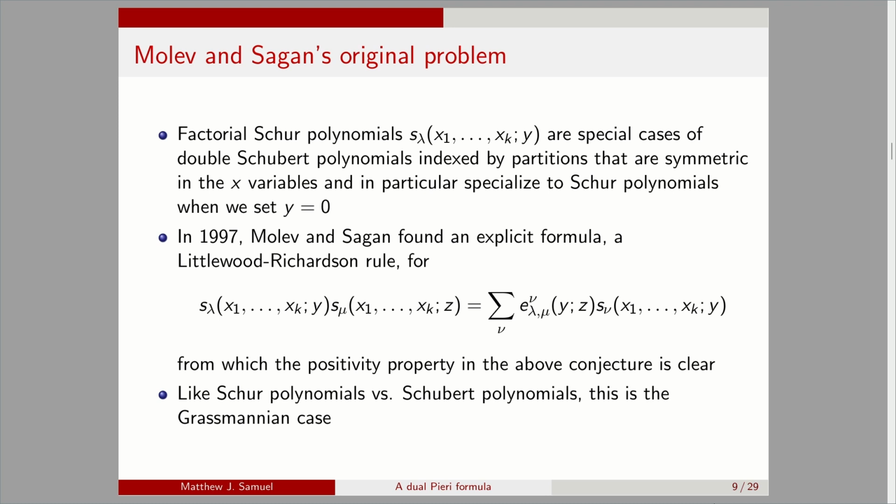And their formula was positive in terms of y_i minus z_j. Those of you who are familiar with the geometry, this would be the Grassmannian case as opposed to the complete flag variety for Schubert polynomials.